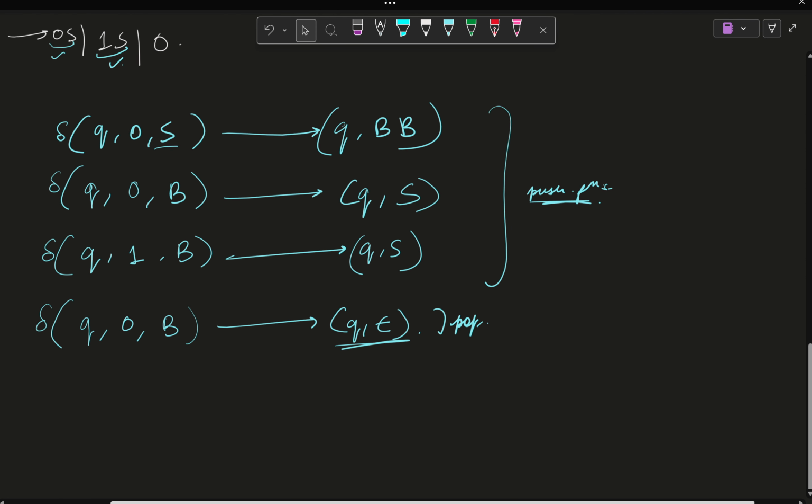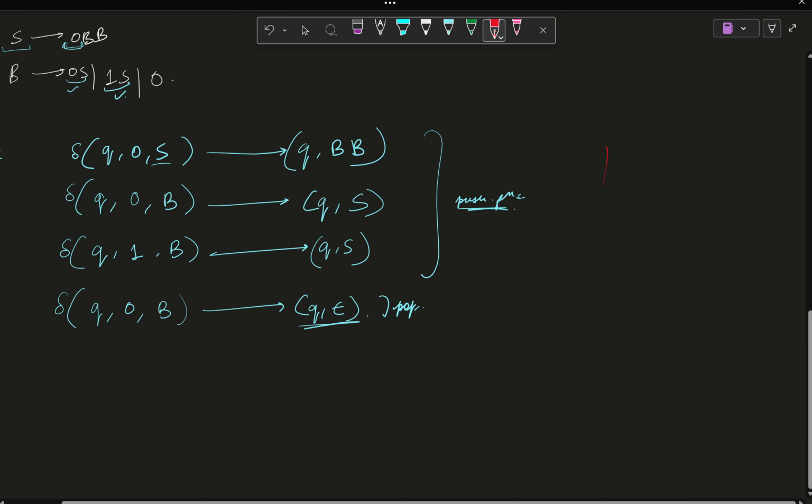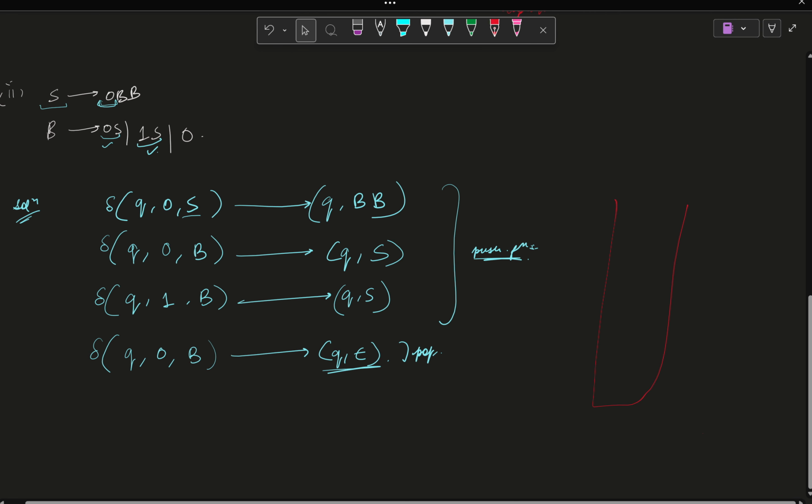Now let's see how this PDA will function, how this stack will be characterized, and let's see how this works. For the sake of our consideration, we will take a string that is accepted by it. Let's take the string 0, 1, 1, 2, 3, 4. Let's see if it is accepted by it.